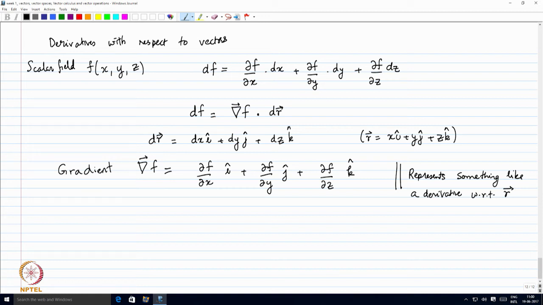Now, the physical meaning of the gradient of a function.